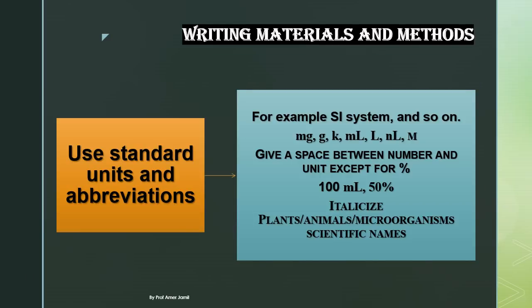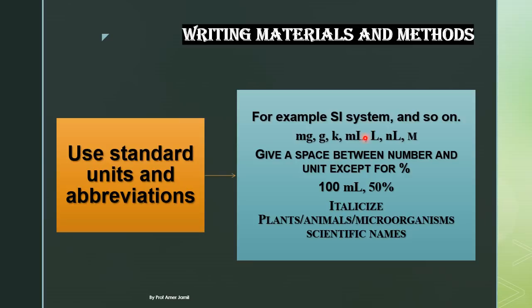In methodology, you may have to write units and abbreviations. So always use standard units and abbreviations rather than making your own abbreviations. Similarly, for example, in the SI system, milligram, gram, k is small for kilo.